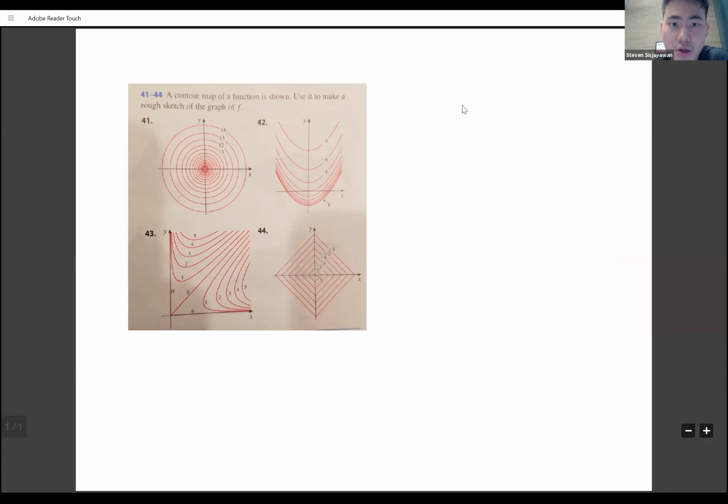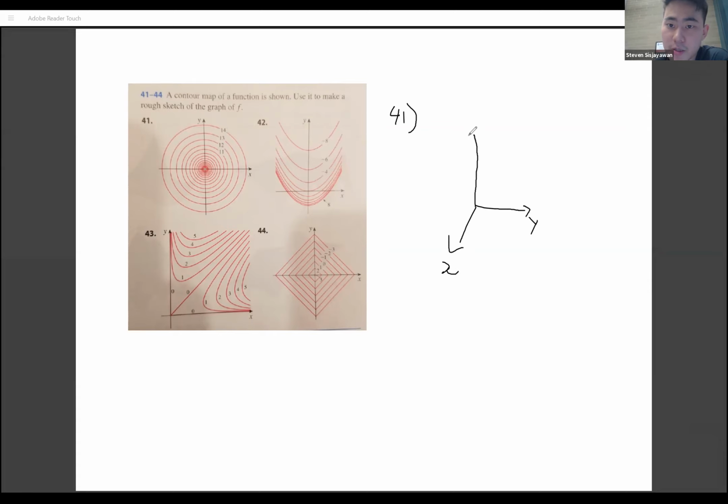What we can see is that the z values on these curves are sloping upwards starting from the origin, so the surfaces are going incrementally up: 11, 12, 13, 14. So for 41, if I were to map this out, let me start off by drawing the axes, x and y.